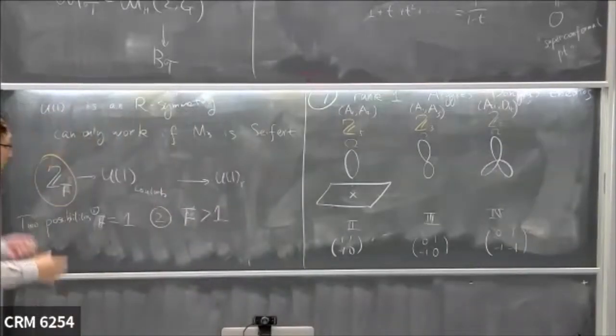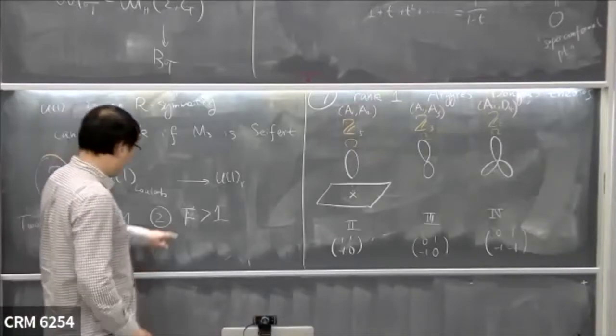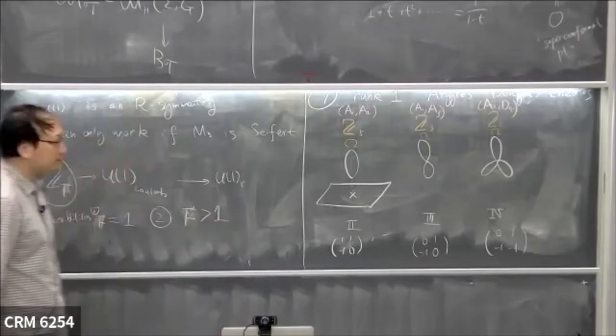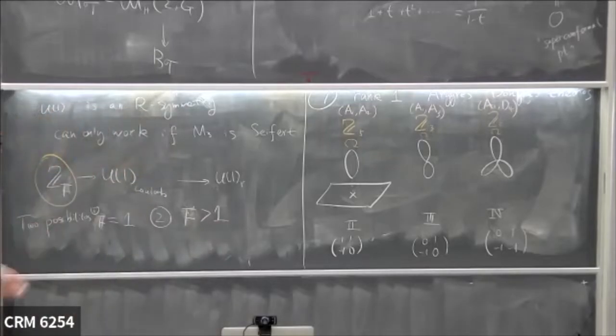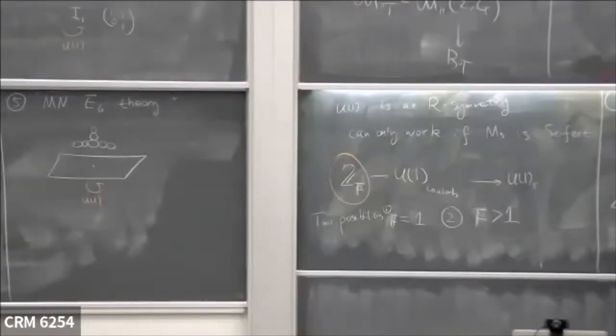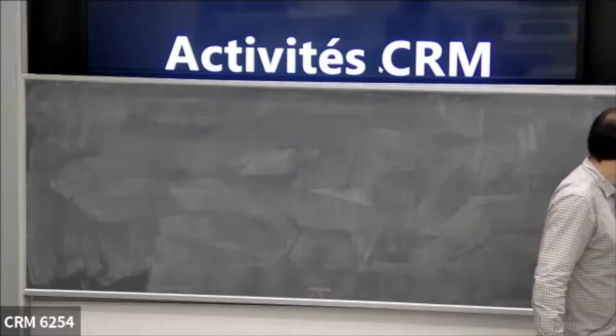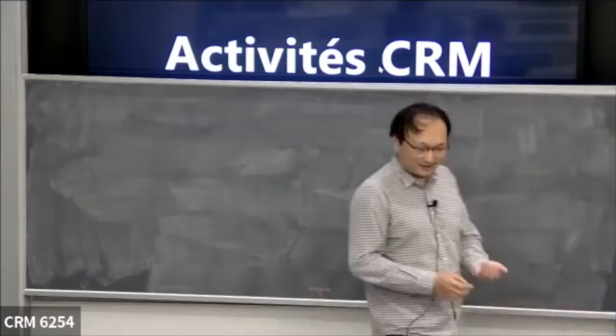And for very large families, well, for Argyres-Douglas theory, they always have F larger than 1. So you can get a lot of theories like this. So where is the eraser again? Oh, here. Then you can ask in those classes of theories, can you indeed use this to regularize the partition function?